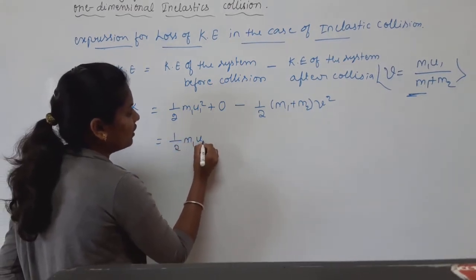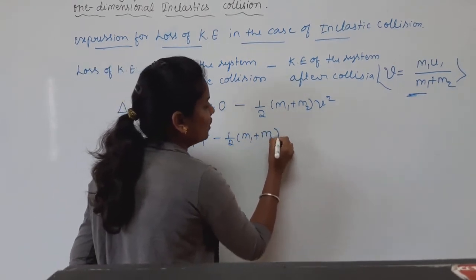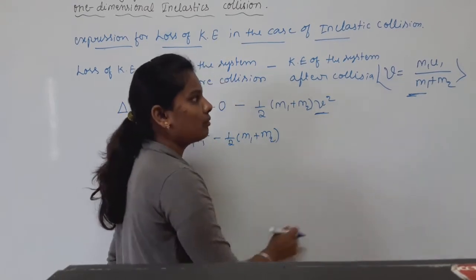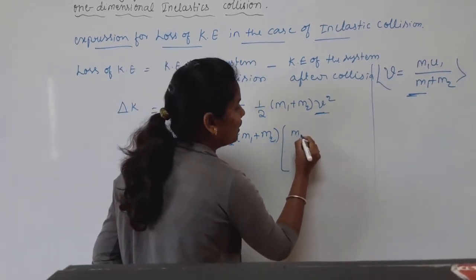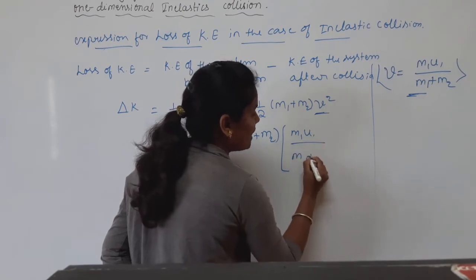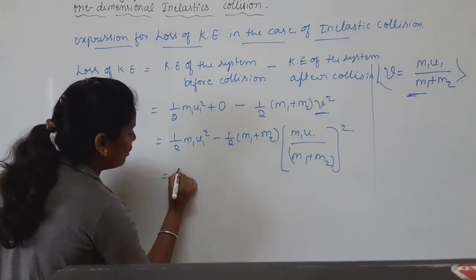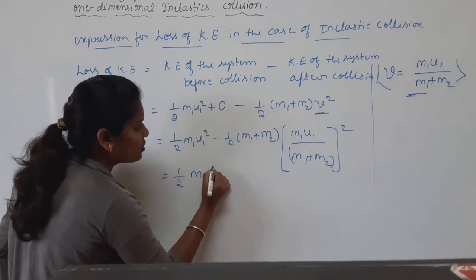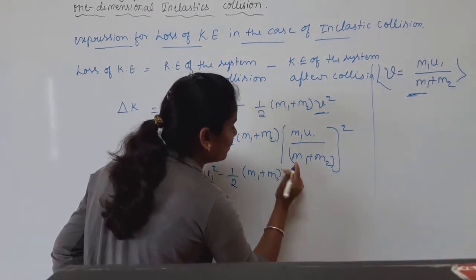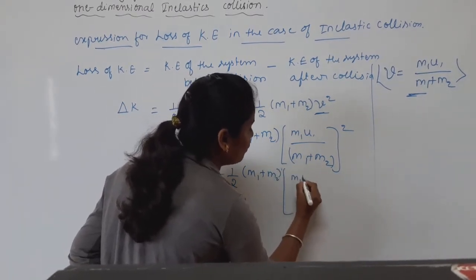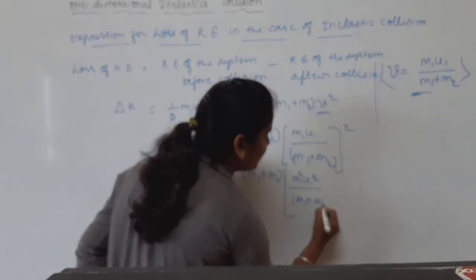We know the value of v from the earlier equation, so substitute v equals m1 u1 divided by (m1 plus m2), whole squared. Therefore, 1/2 m1 u1 squared minus 1/2 (m1 plus m2) times m1 squared u1 squared divided by (m1 plus m2) whole squared.